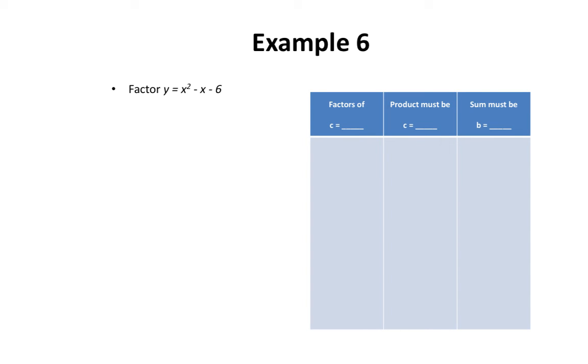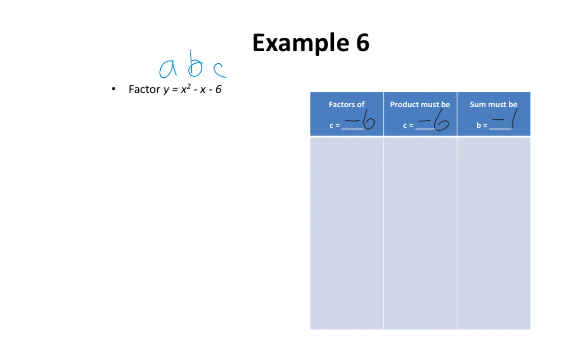In our last example, we want to factor our parabola in standard form. Let's begin by identifying our values of a, b, and c. So we know that c is negative 6, and we know that b is negative 1. Remember, when you do not have a number in front of a variable, there is a 1 that is just not written in.